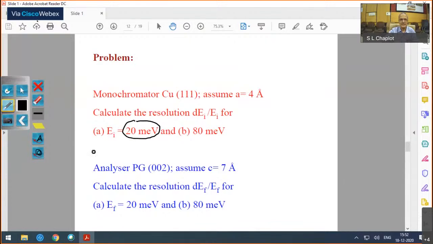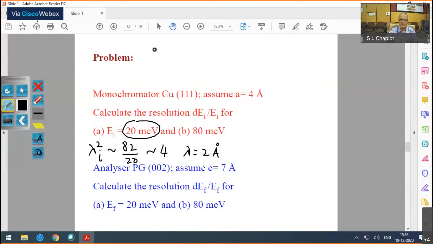Here you can find that lambda squared would be 82 divided by 20. So that will turn out to be about 4, and lambda about 2 angstroms. I purposely wrote it here: this corresponds to 1 angstrom, this corresponds to 2 angstrom. So 1 angstrom we have already done.